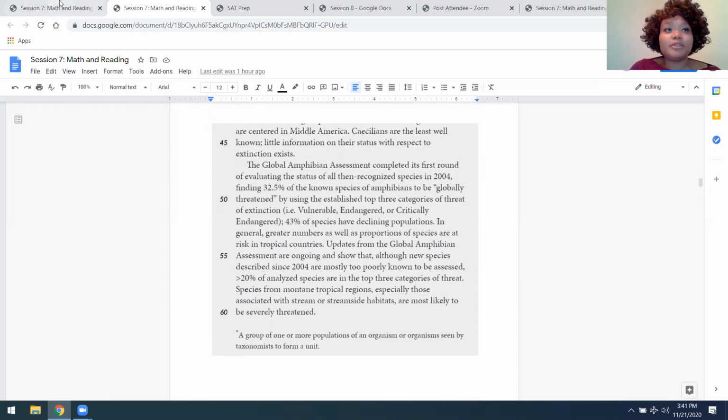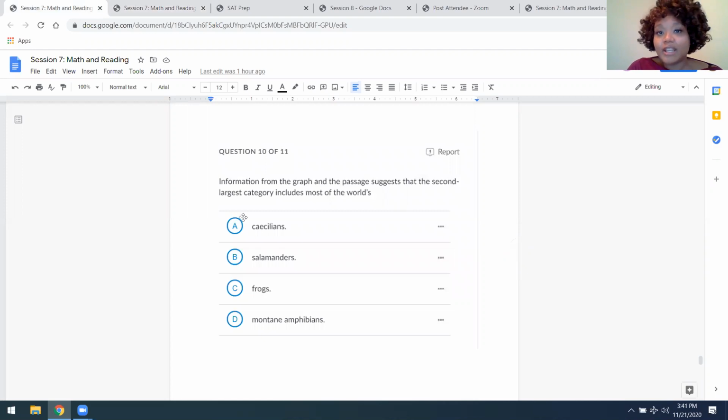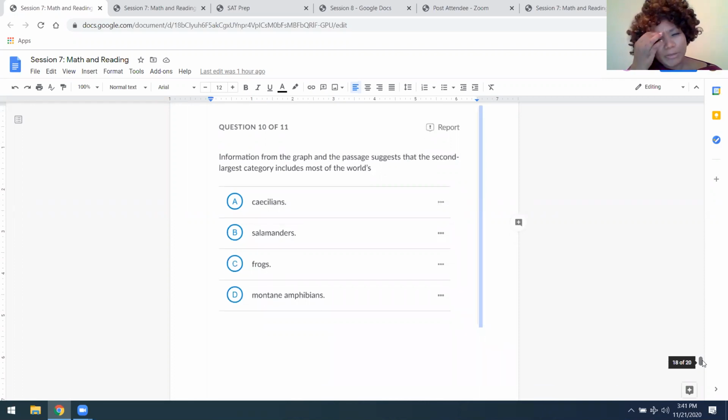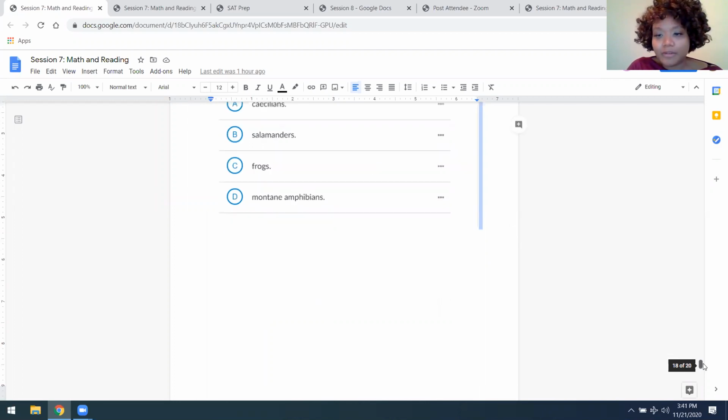So you can combine those two pieces of information and infer that question 10, the answer is A, because yeah, we don't know much about Sicilians. We know plenty about frogs, montane amphibians. It's like, what is that? That was referred to earlier, but it wasn't really brought up again. So it's kind of a minor point. So yeah, number 10 is A. If you need me to go over some things more you don't understand, we can speak about it after the session.